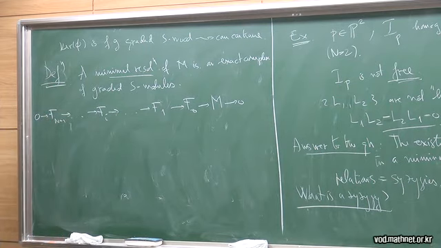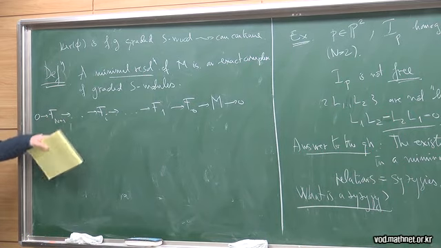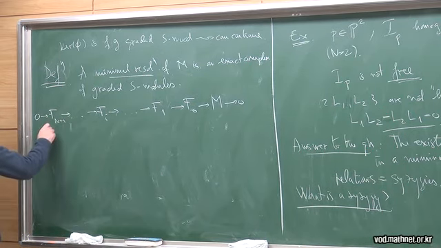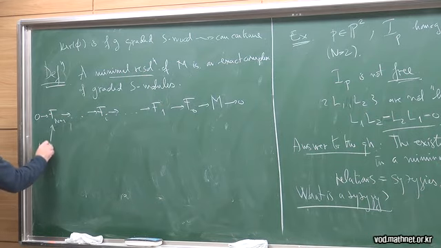The fact that we can always stop at n plus 1, so there is no mistake here, it's the same n, is ensured by the Hilbert syzygy theorem.